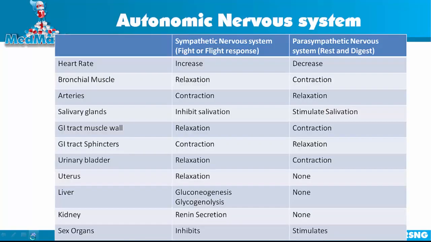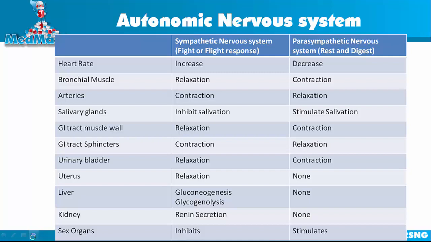Now, you have probably seen this table and explanation many times in nursing school. The sympathetic nervous system is the fight or flight response, and the parasympathetic nervous system is the rest and digest nervous system.